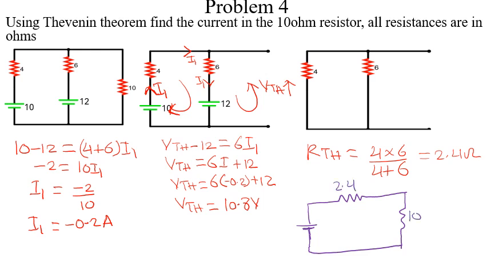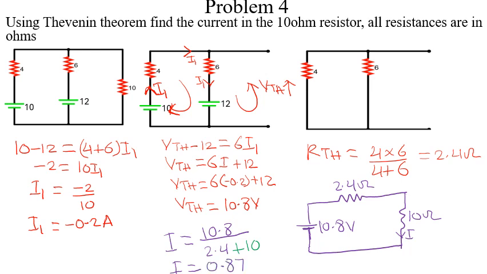To find the current through the resistor, VTH was 10.8 volts, so I equals 10.8 over 2.4 plus 10. Then we get our I as 0.87 amps. So basically that is how to calculate this. Let us move to our next example.